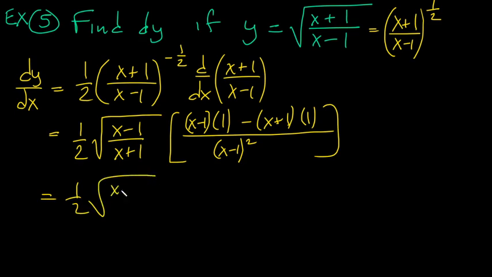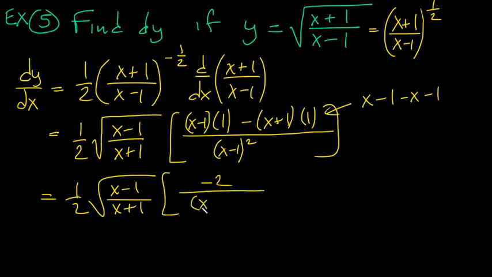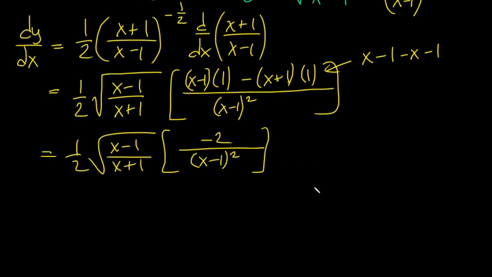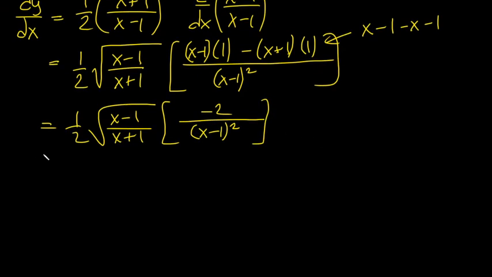So 1/2 square root of x minus 1 over x plus 1 times, so we have x minus 1, just to clarify, x minus 1 minus x minus 1. So I think we get negative 2 over x minus 1 squared. Then we can simplify this even further. We have 1/2 times negative 2 is just negative 1.